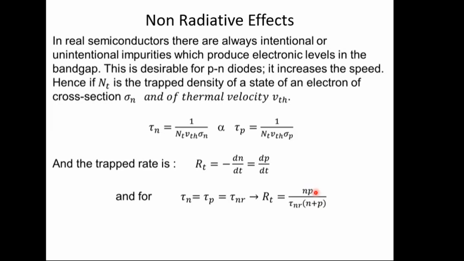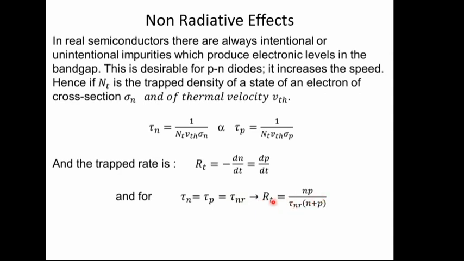If I'm talking about a PN diode, that means I have N and P. And if the time it takes for the electron and hole to be trapped is the same, then I can refer to it as tau NR.